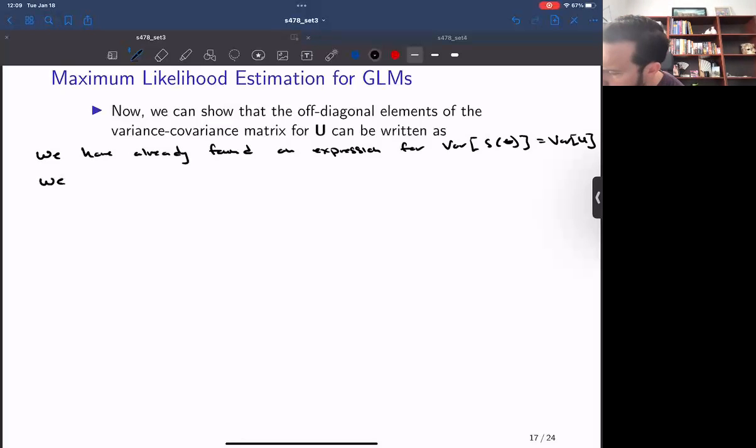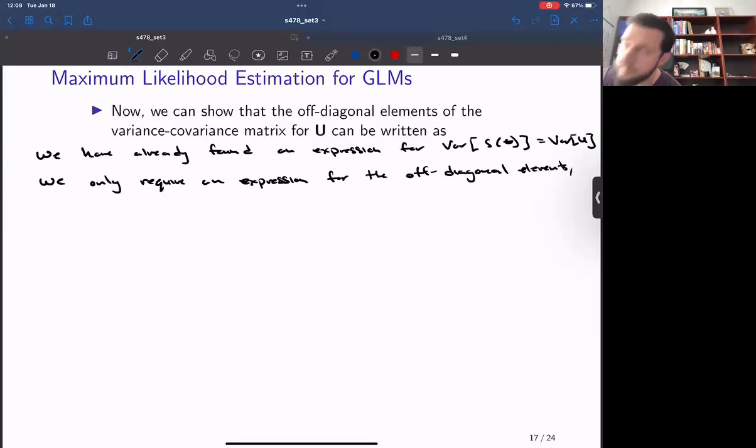So we only require an expression for the off diagonal elements: the expected value of uj uk for j, k equal 1 to p such that j does not equal k.